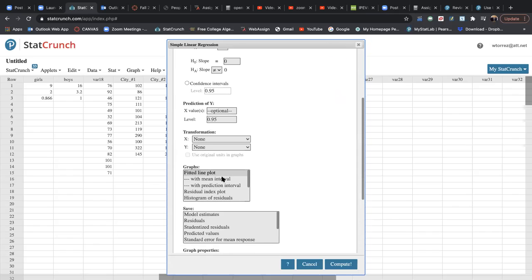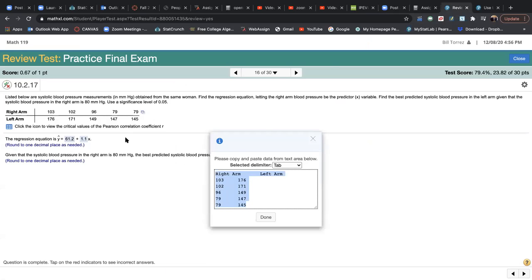Notice that there's an option here for the prediction of Y. We didn't go through this notion of the prediction of Y in terms of an interval. Let me just show you what happens if we look at the problem here.